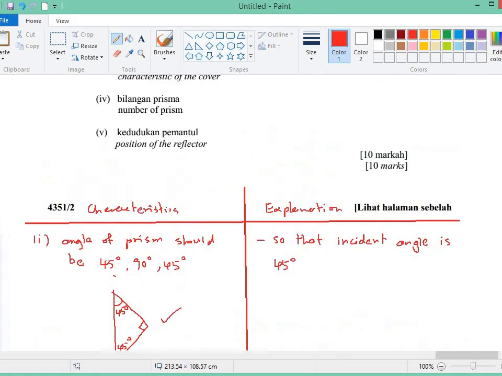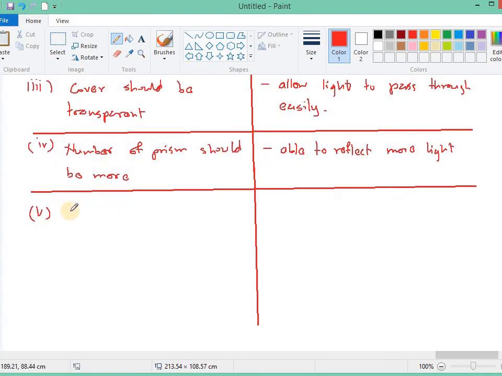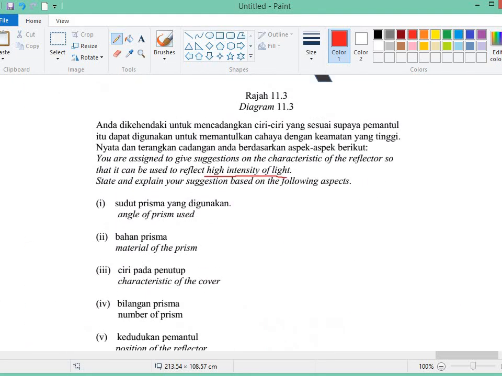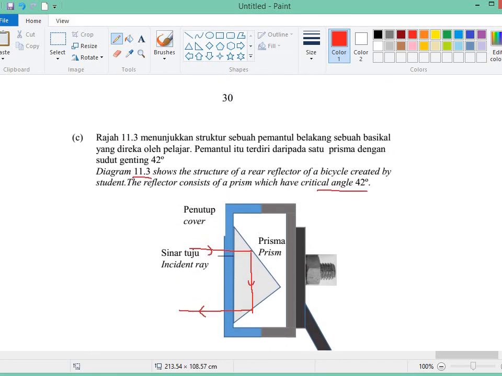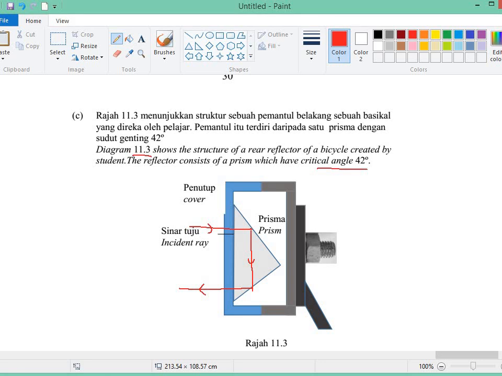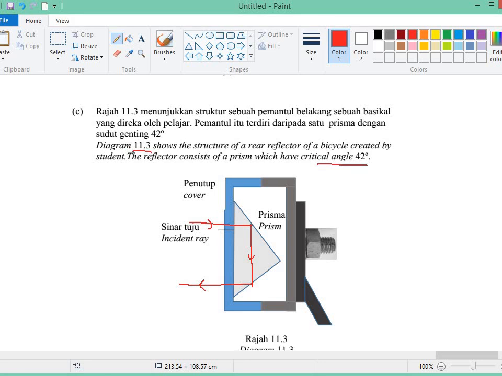Okay, so the fifth one is position of the reflector. Position of reflector should be at, this is bicycle one. Rear reflector of bicycle.